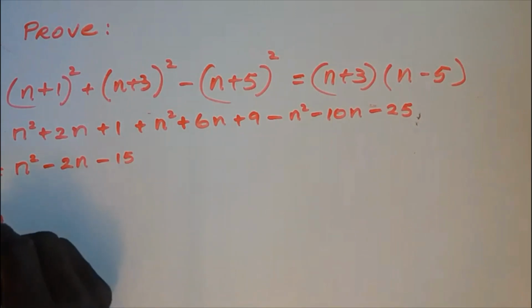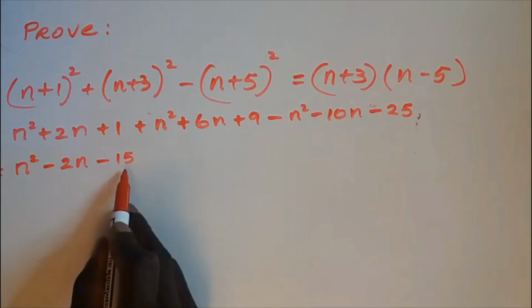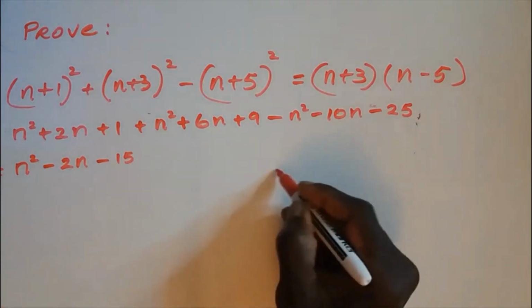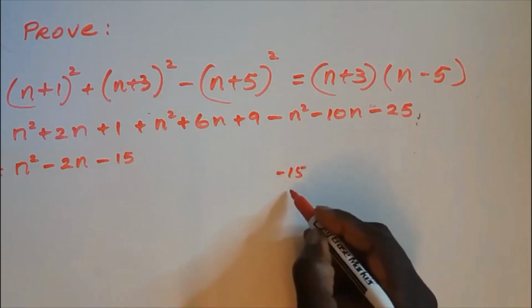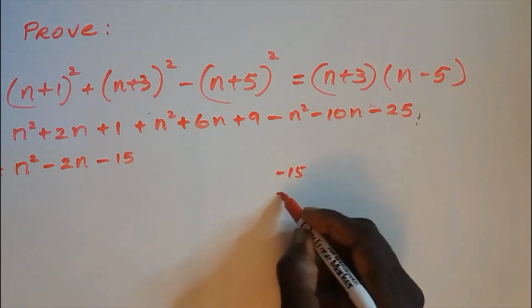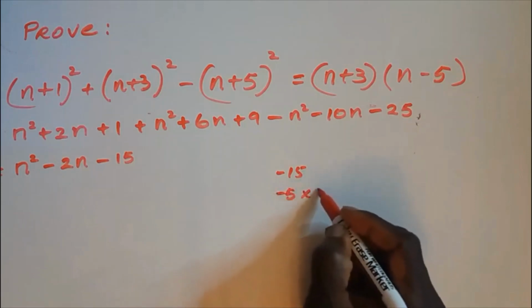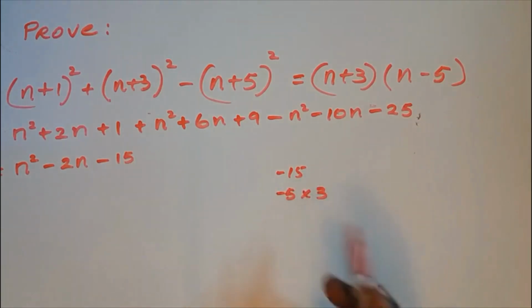So let's factorize this. We have a is 1, c is negative 15, so our product is 1 times negative 15, which is negative 15. Two numbers when multiplied will give us this are minus 5 and positive 3. When added will give us negative 2.